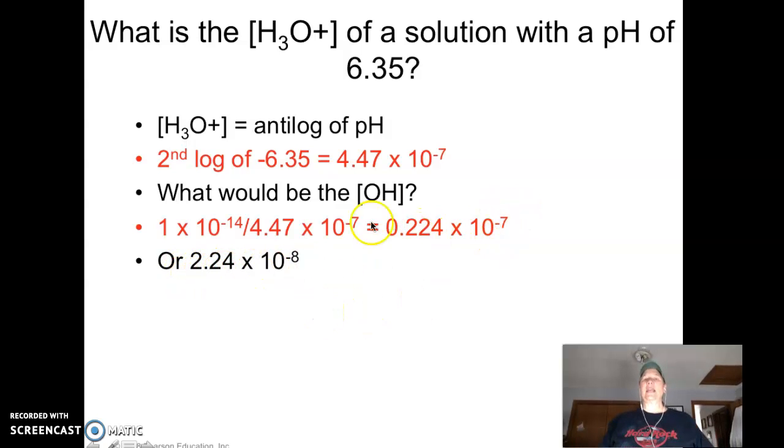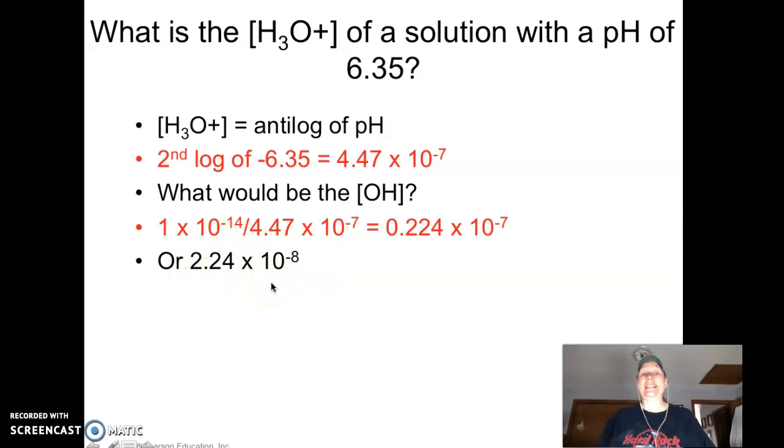So from this, I can tell you what the H3O concentration is, I already know what the pH is, but I can also find what my OH is. Then I could also find the pOH of that. I could do that one of two ways. I could either take 14 minus 6.35, which is probably what you'd do because that's the simplest, or I could find the log of this one.